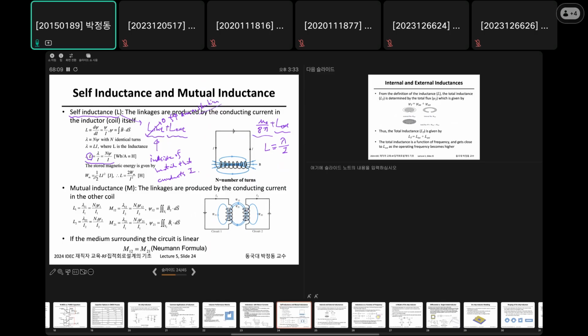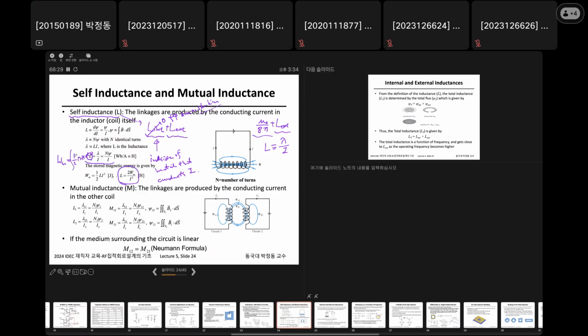Also, the easy way of extracting inductance is to use this relation. You just calculate the stored energy, and the stored energy is given by the integral of B dot H dV, right?